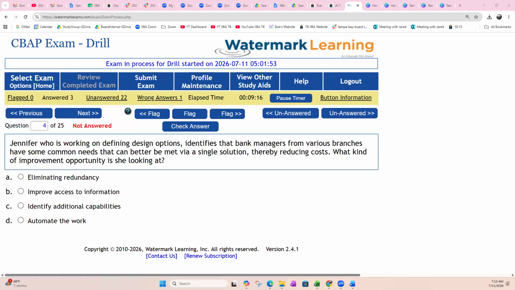Would it be requirements life cycle management? I think it could be. Given that it's come down to the design options, the requirements must pretty much have already been captured, right? Defining design options, eliminating redundancy, thereby reducing costs.